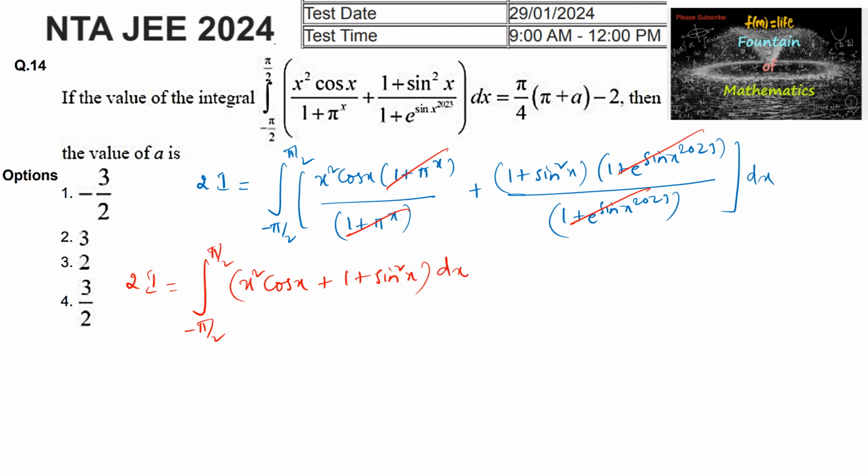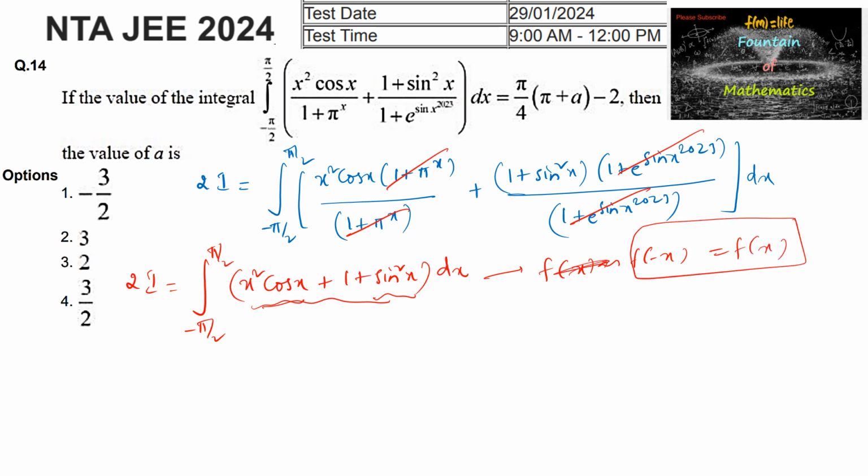And now, since we know that x square cos x is an even function and sine square x is also an even function. So if I replace f of x with f of negative x, we are getting the same function. F of negative x is equal to f of x, which is an even function.